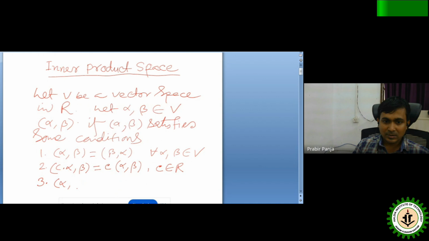And the third condition for the real inner product space is here: alpha comma beta plus gamma. Here we are considering another new vector gamma. Then if we take the inner product between alpha and beta plus gamma, that must be the same as alpha comma beta plus alpha comma gamma, for all the vectors alpha, beta, gamma belonging to the vector space.